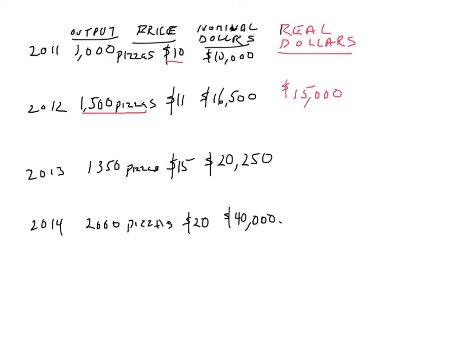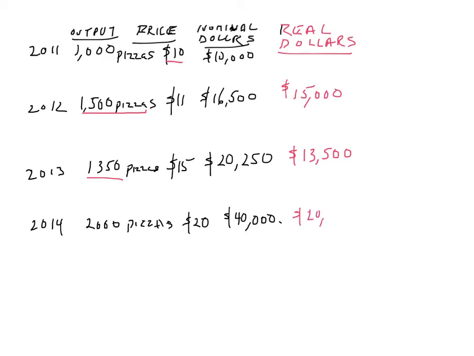Okay, now we can compare it to 2011 because the prices are the same. We'll do that for each year. 2013, there's 1,350 pizzas, but we'll multiply that by $10, the prices in 2011, and we get 13,500. And in 2014, we have 2,000 pizzas. We'll multiply that by 2011 prices, and then we get $20,000.